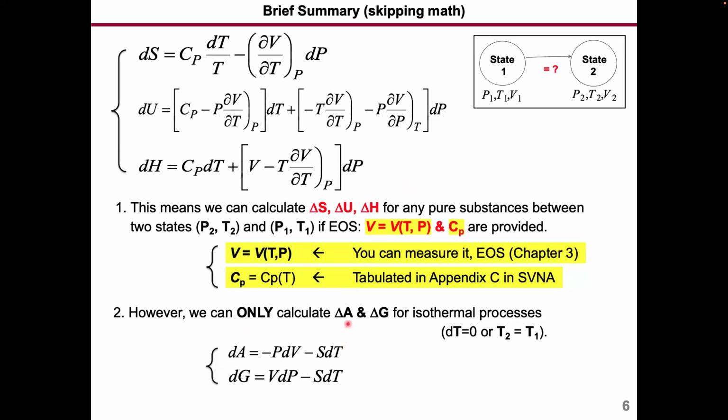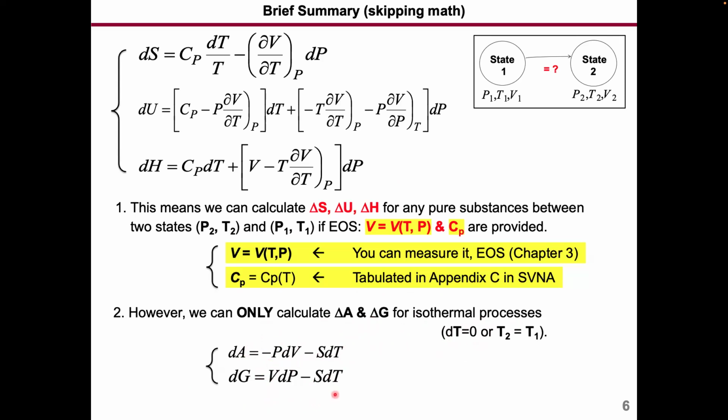For delta A and delta G, you have to have an isothermal process in order to calculate. If it's isothermal, then it's going to be minus P dV. This is pretty straightforward to calculate by the integral of that. And V dP is also pretty straightforward to calculate.